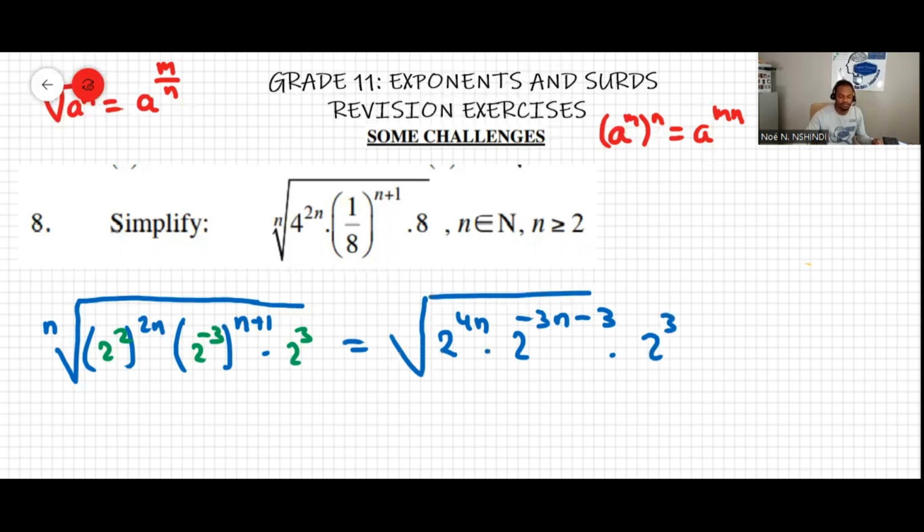Okay, this is the nth root. Now that we have a common base in the root, we have 2 there, 2 there, and 2 there, we can just write one 2. Okay, so only one 2 to the power of, you can simplify the exponent. Okay, 4 minus 3 plus 3 would be just 4.